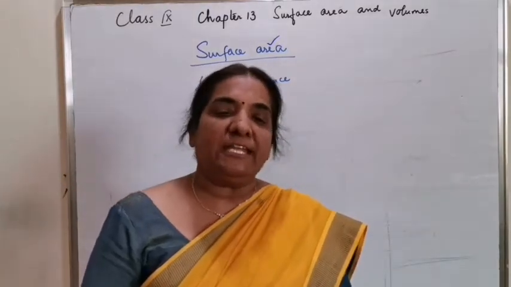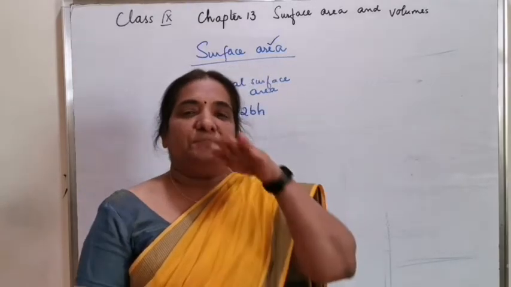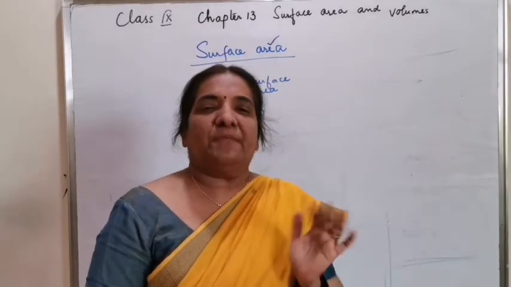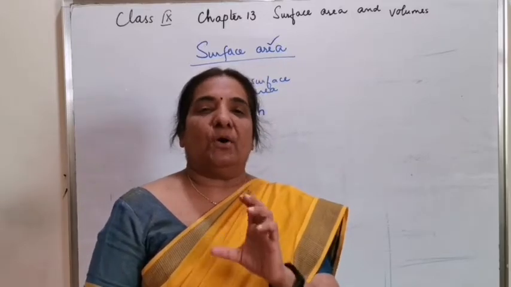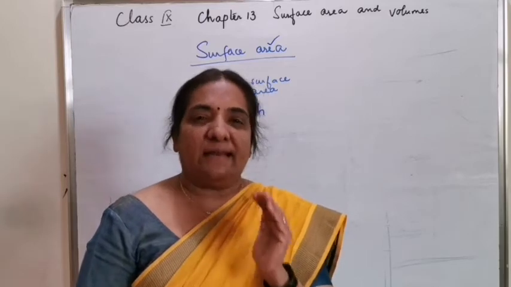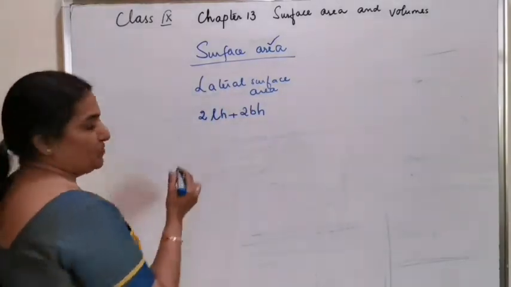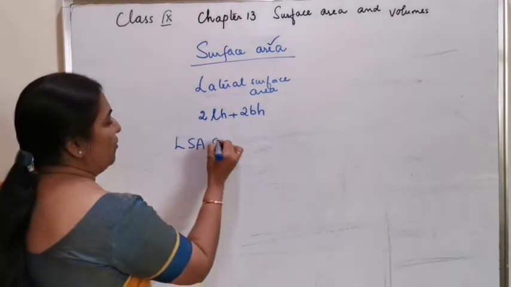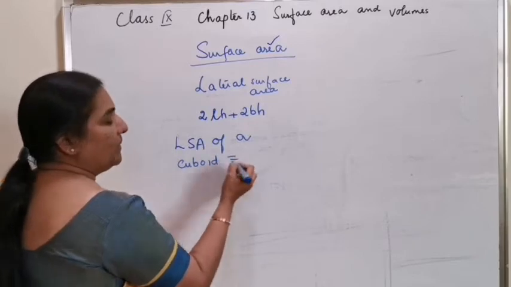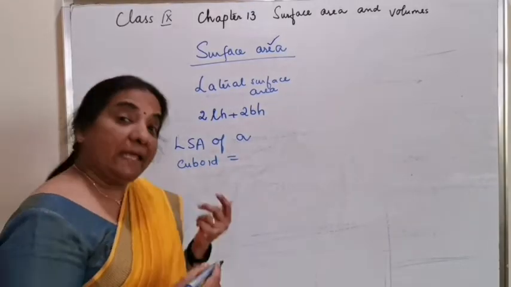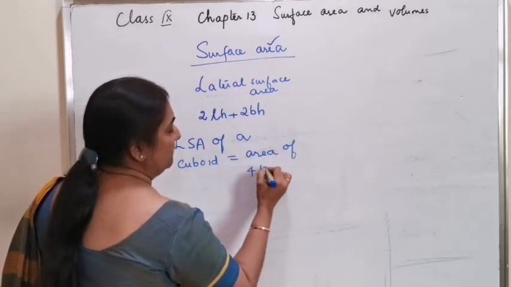That means for any solid, if you exclude the face which is on the top as well as the face which is below, you call that surface area the lateral surface area, or short form LSA. So LSA of a cuboid you can very well compare with area of 4 walls of a room.